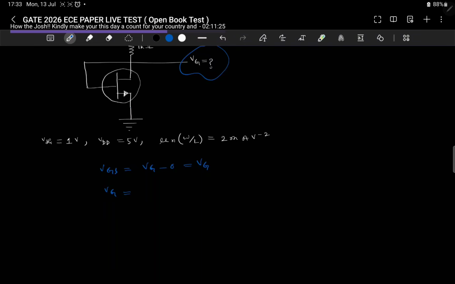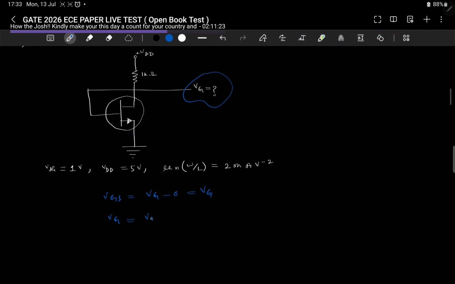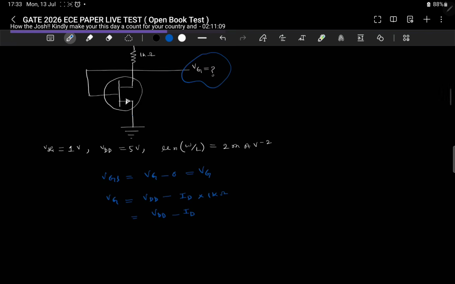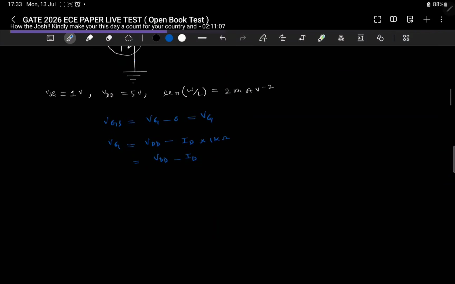Now Vg equals VDD minus ID into 1k ohm, and if ID is in milliampere, then you can write simply ID. So VDD is given 5 volt, so you can write it like this.